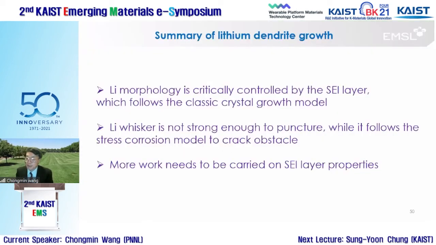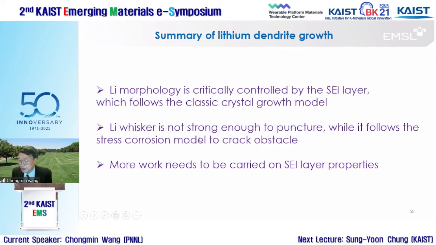So with that, I already summarized the lithium dynamic growth, and lithium morphology is really controlled by the SEI layer. It really follows the classical crystal growth model, and the interface properties between the SEI layer and the lithium play a big role for the morphology. You change the interfacial energies, and then you control the morphology.